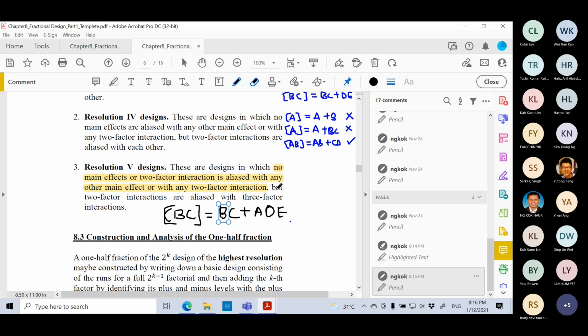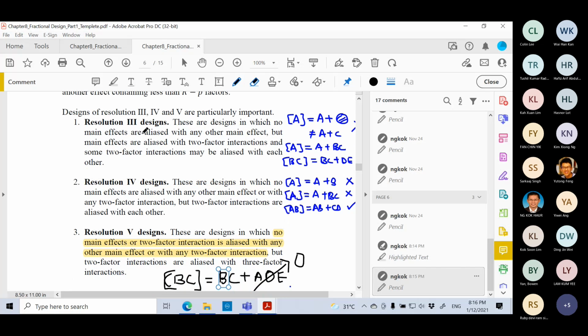But if the two-factor are aliased with the three-factor, and we can assume that the three-factor interaction is not significant, so this will go to 0. If it equals 0, therefore when you calculate the effect here, you are estimating the factor BC alone. So this is why we need the high resolution.